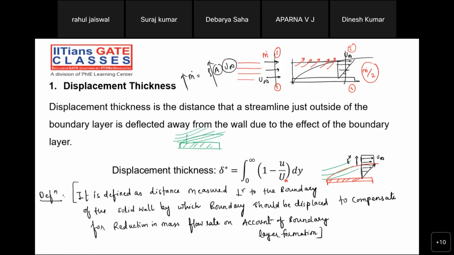At this section, to achieve the same U infinity as we move along this flat plate, it has to travel more distance. That's why delta 2 is more than delta 1. One more reason why delta 2 is more than delta 1 is that the streamline starts shifting in the upward direction, right?